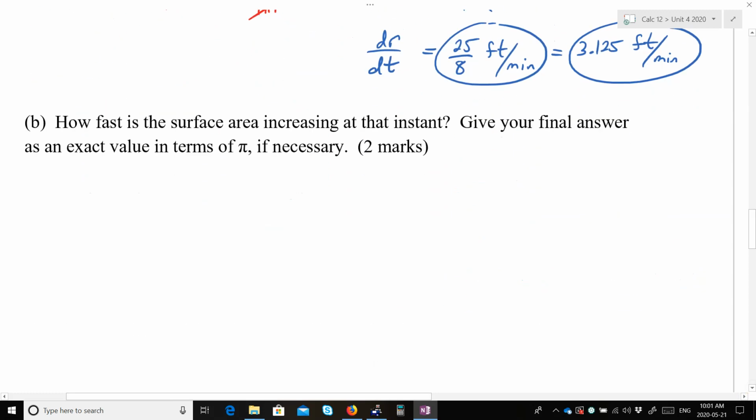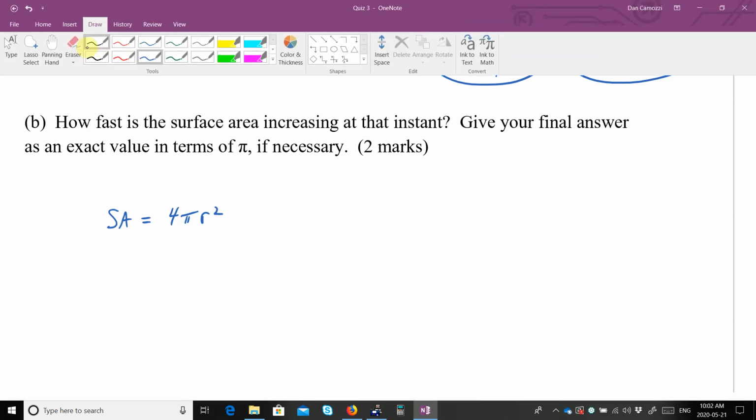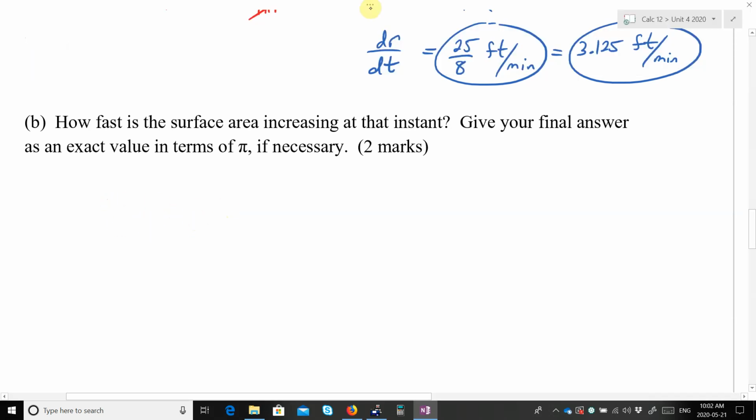All right, part B, how fast is the surface area increasing at that time? At that instant? Surface area of a sphere is 4 pi r squared. And actually, maybe we should do our find when given thing, right?